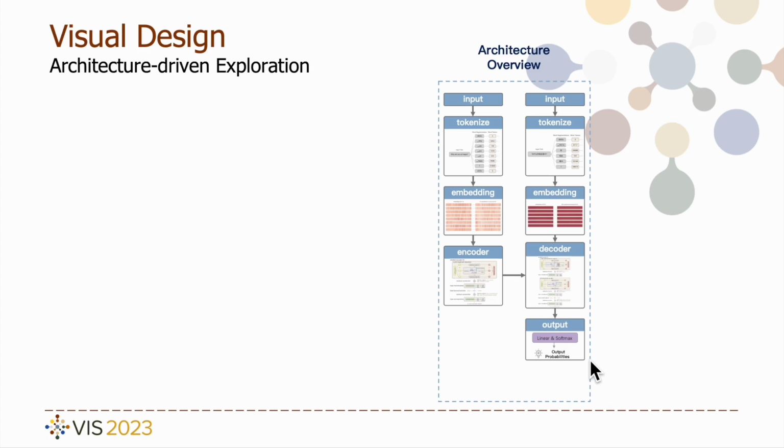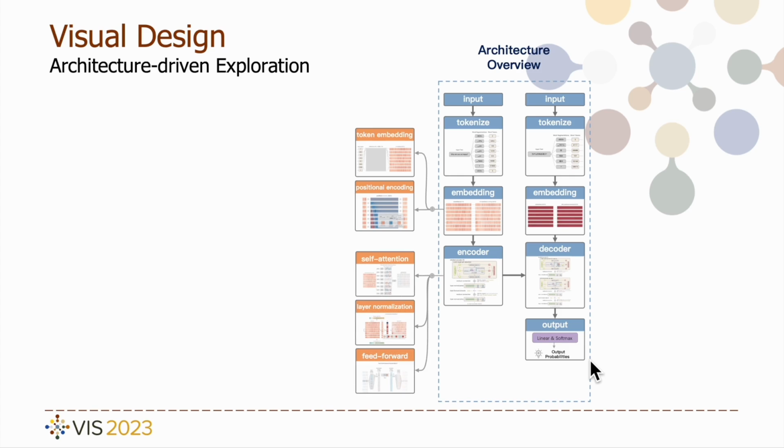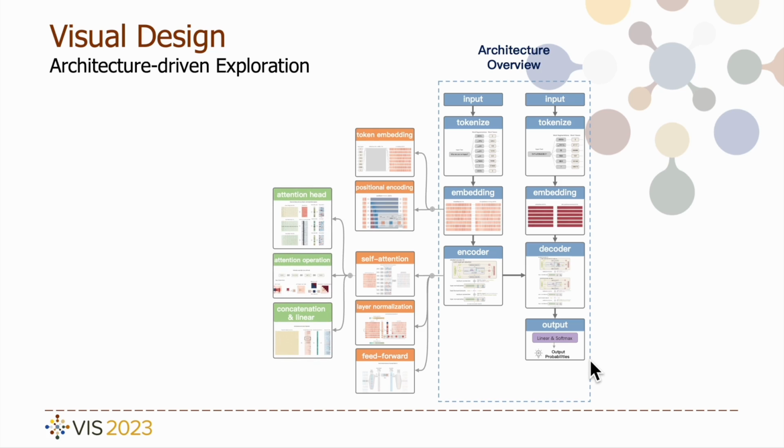For example, clicking on the interactive interface in the embedding module can explore the specific implementation of word segmentation and positional encoding. Similarly, the flowchart in the encoder or decoder block supports further exploration of attention mechanism, layer normalization, and feed-forward networks. Clicking on attention mechanism will also show the second-level detailed operations.